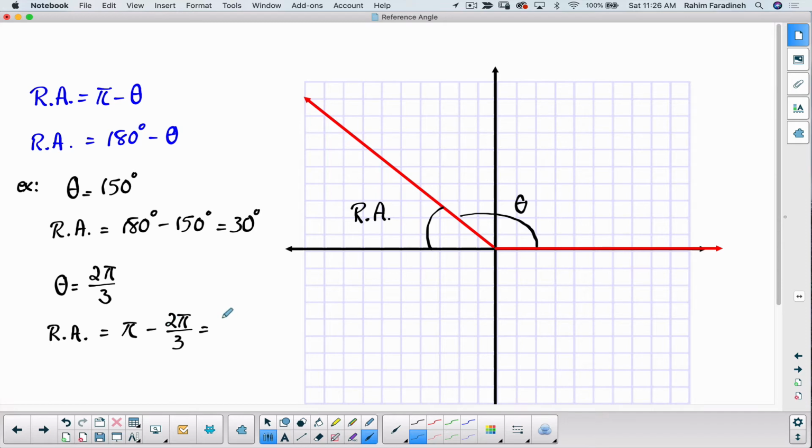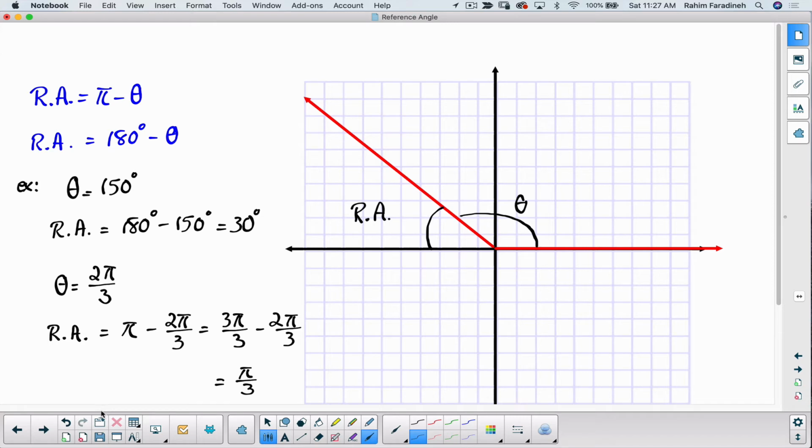So instead of pi, I'm going to go with 3 pi over 3 minus 2 pi over 3, and this becomes only pi over 3. So the reference angle for angle theta equal to 2 pi over 3 is pi over 3.